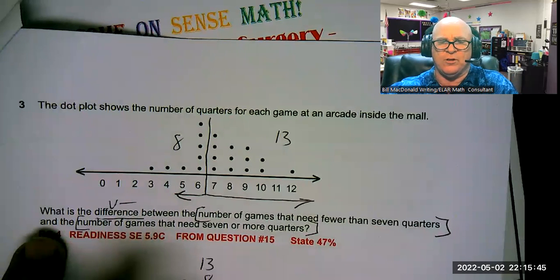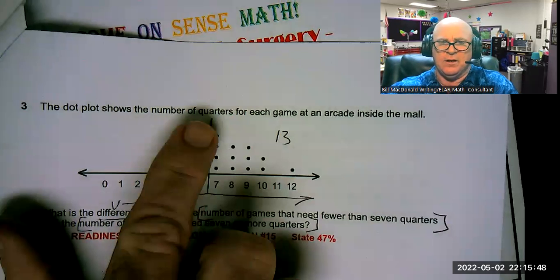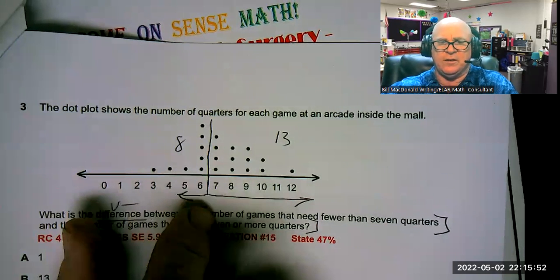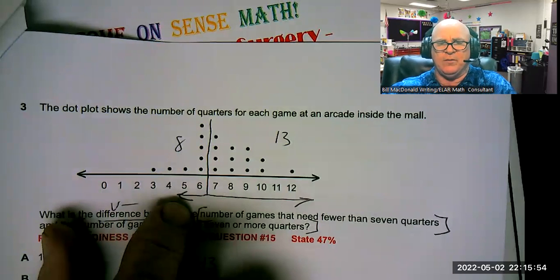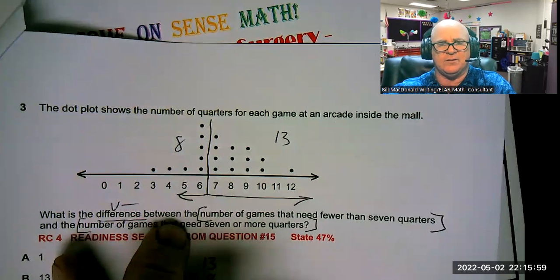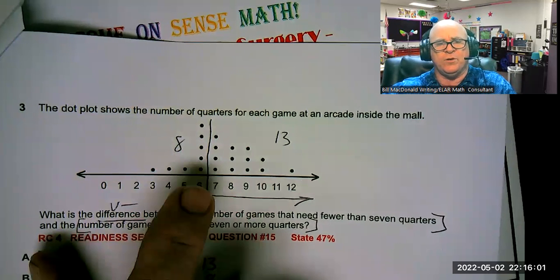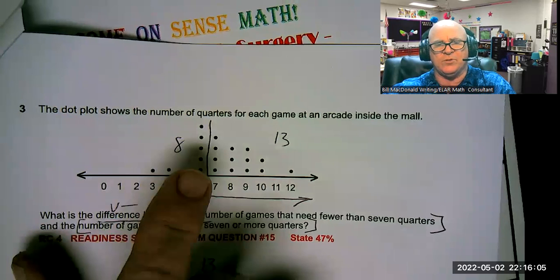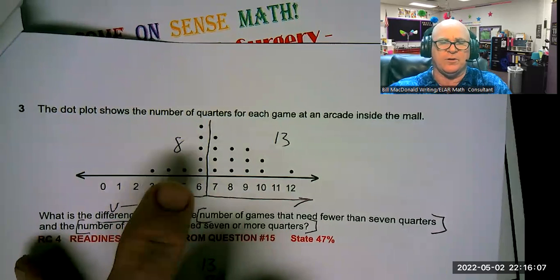I'll draw a line right before 7 and then draw an arrow to the left. So all those are the number of games that need fewer than 7 quarters. Less than 7 is 6, 5, 4, 3, 2, 1, 0. 1, 2, 3, 4, 5, 6, 7, 8 games require less than 7 quarters.